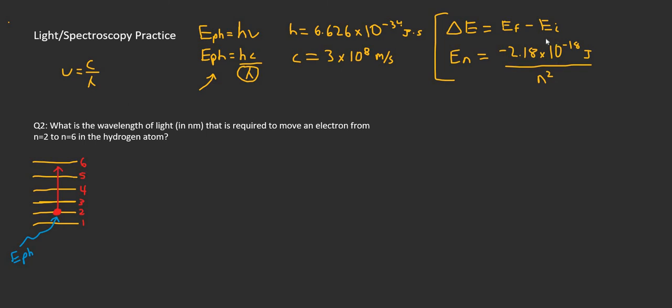We're going to use that in the context of the Bohr equation, which we talked about before, and substitute it in for our two energy levels. We're going to plug this Bohr equation into this one up here, where we'll take our final state, where n equals 6, and subtract from it our initial state, which is n equals 2.